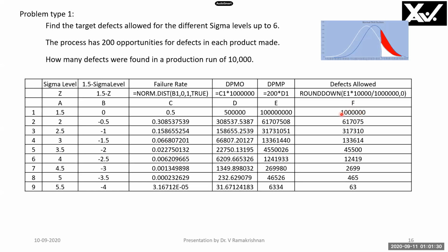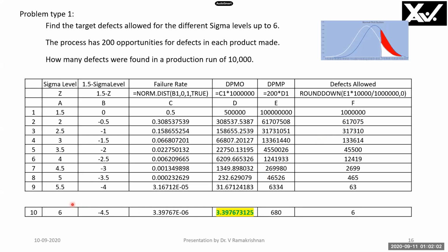You will get this answer, and we are rounding it down. Similarly, for 5.5, the 1.5 minus sigma level is 1.5 minus 5.5, which is minus 4. You are getting 6334 DPMO, defects per million opportunities. And for 10,000 products, this is multiplied by 10,000 and divided by 1 million.